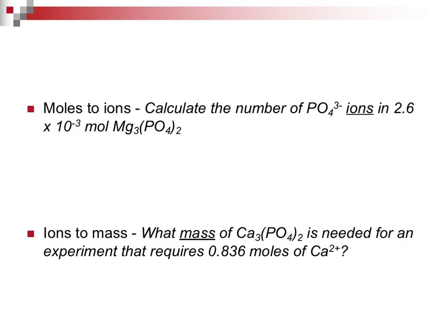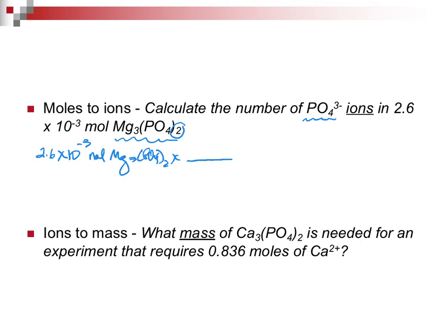So this wants the number of PO4 3 minus ions in magnesium phosphate. And you can see that in the formula, there are 2 phosphate ions. So that's where we're going to start. We're going to say we have 2.6 times 10 to the minus 3, and I'm going to put the labels. Moles of Mg3(PO4)2.